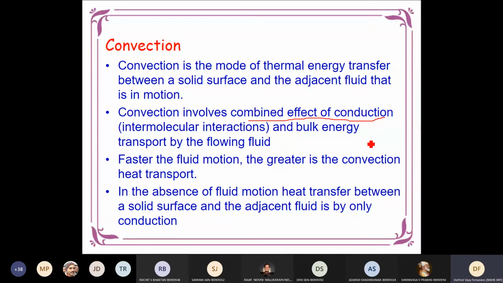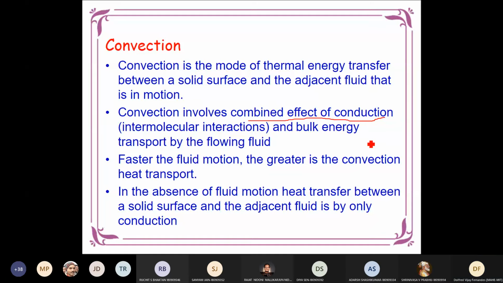It's going in a particular direction, but the molecules still have random interactions. One molecule will collide with another, and energy transfer takes place between the molecules. The intermolecular interactions will always be there. So it's a combined interaction between the molecules, the intermolecular interactions, and the bulk energy transport.